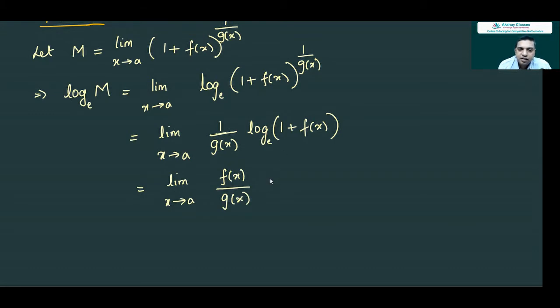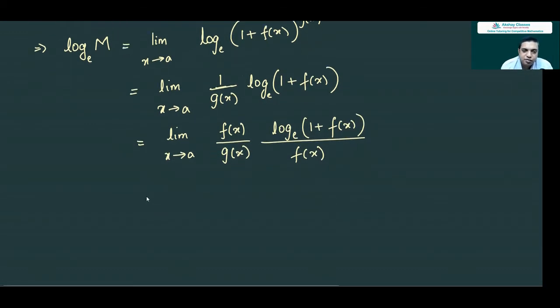When I multiply and divide by f of x, this will be the standard result. I can split this into 2. Limit x tending to a f of x upon g of x, and this is an independent limit, 0 upon 0 form.